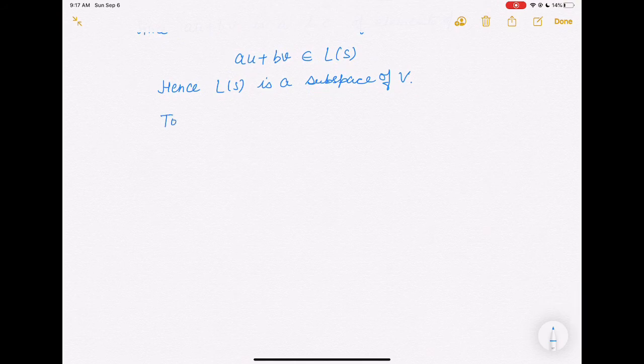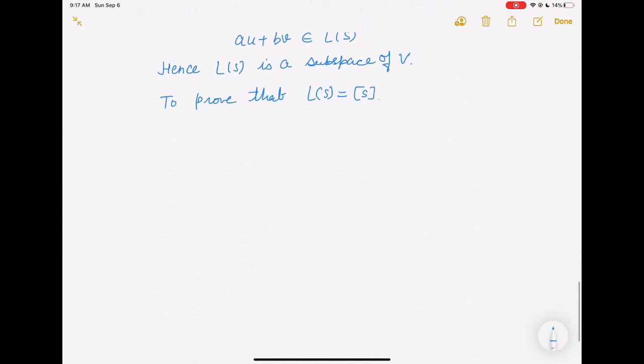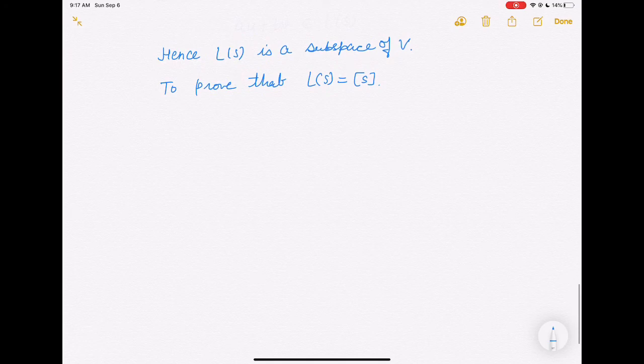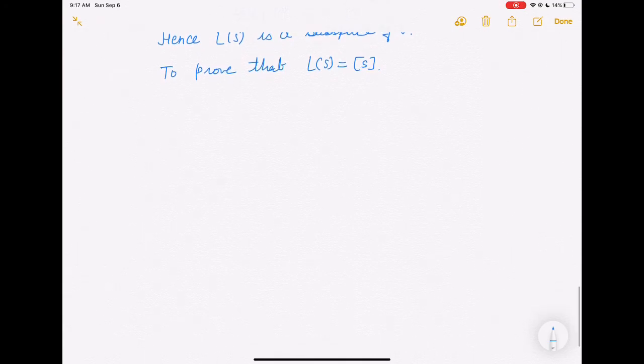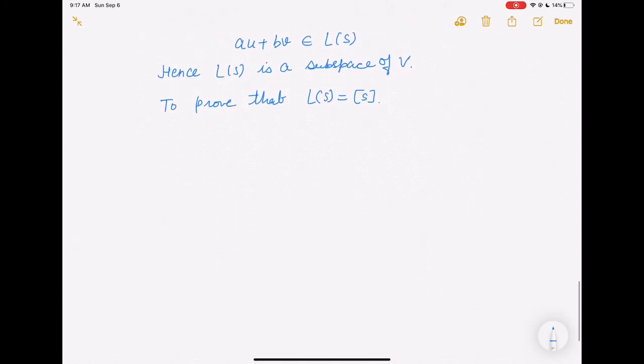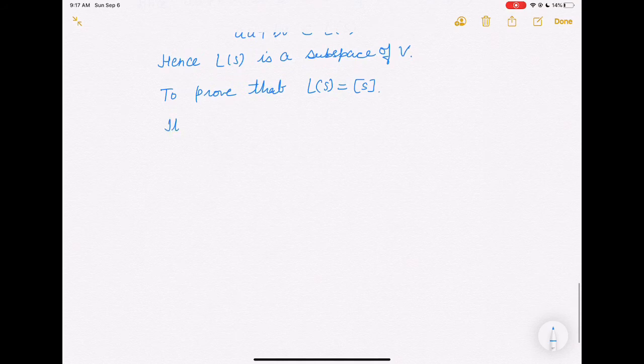Next, to prove that L(S) is the smallest subspace containing S. It is clear that S is a subset of L(S).